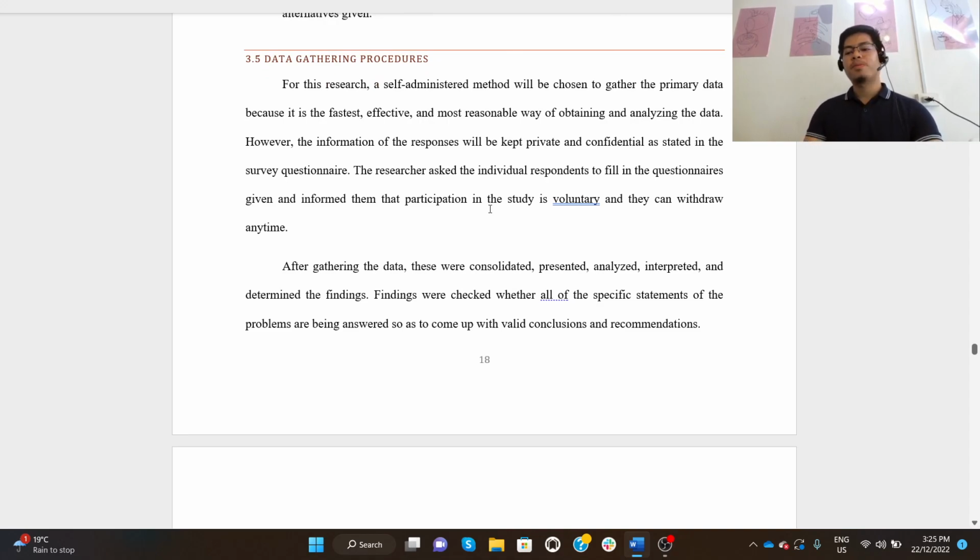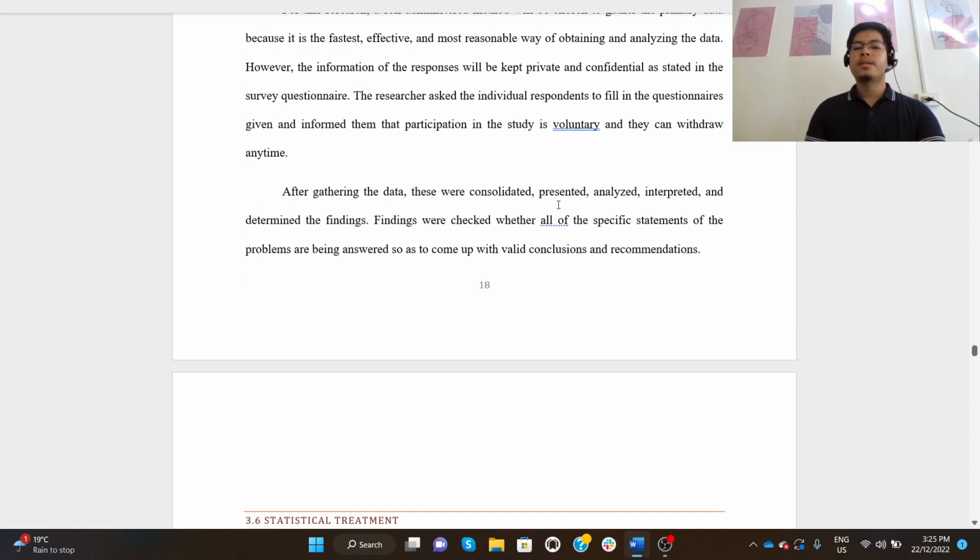Next is data gathering procedures. For this research, a self-administered method will be chosen to gather the primary data because it is the fastest, most effective, and most reasonable way of obtaining and analyzing the data. However, the information of the responses will be kept private and confidential as stated in the survey questionnaire.